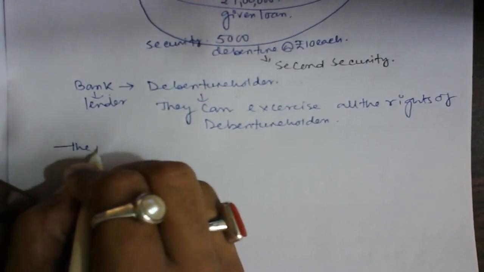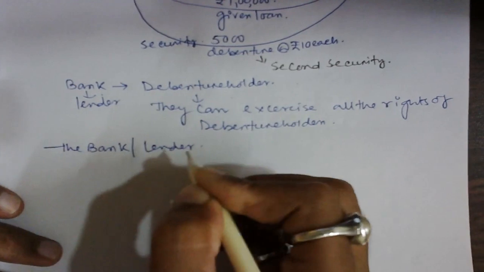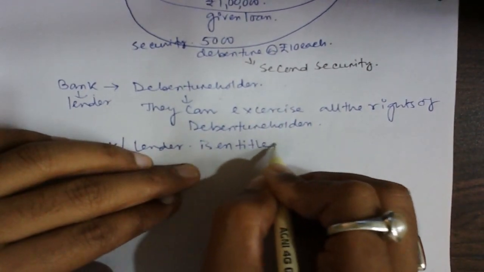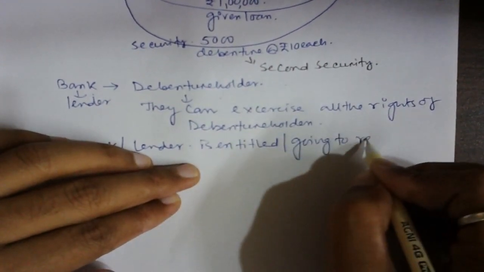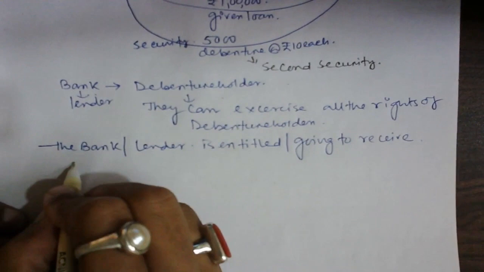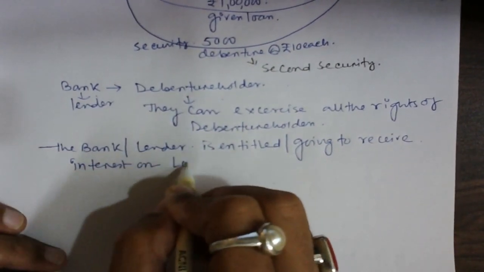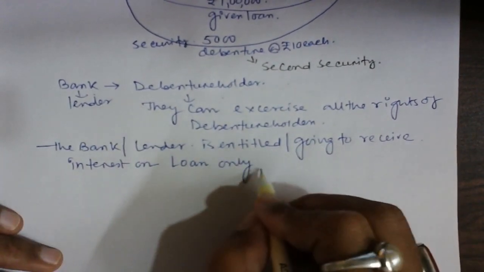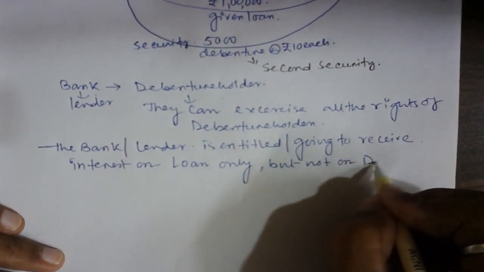The bank, or let's say the lender, is entitled to receive interest on loan only, but not on debenture.